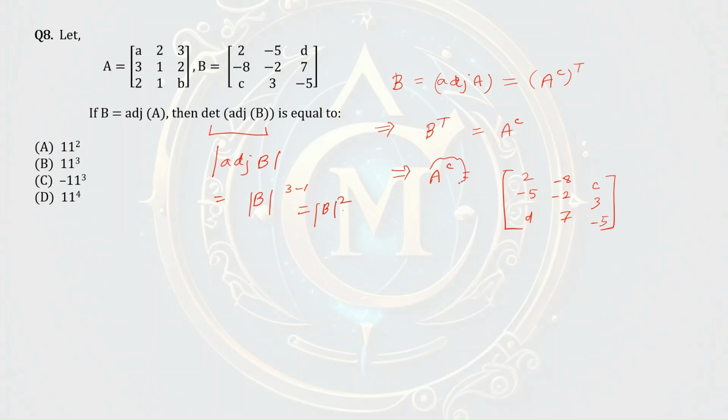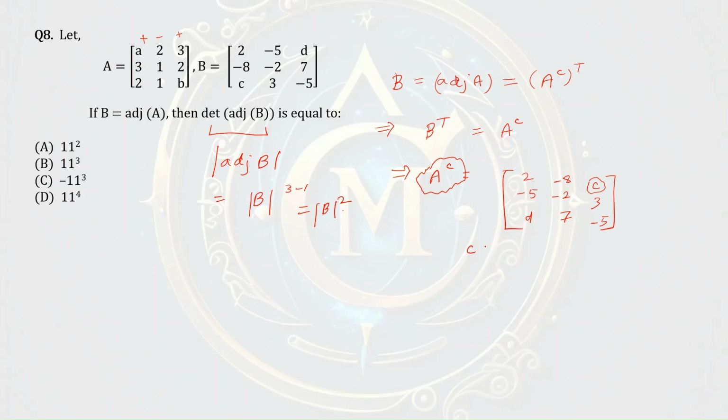So now we can determine cofactor matrix of A from the A matrix given to us. So we can determine the unknowns C and D by this relation. So see here, C is the cofactor of this element in A. So the cofactor of this 3 in A will be, so here the sign scheme is plus minus plus, so plus times plus 1 times 3 minus 2, so 1.